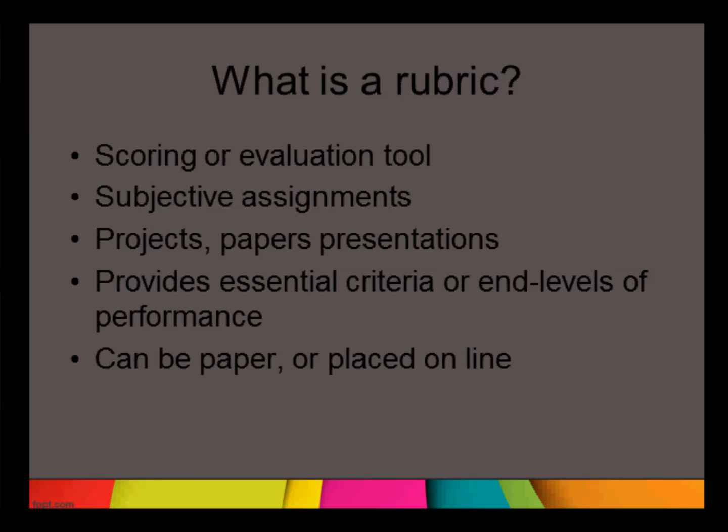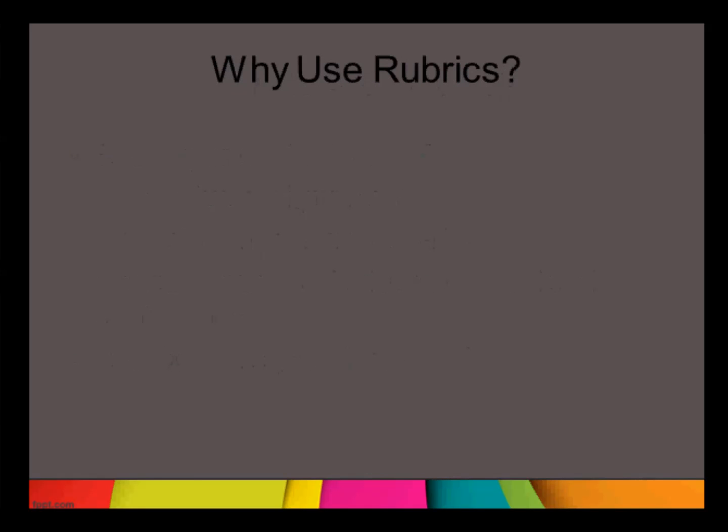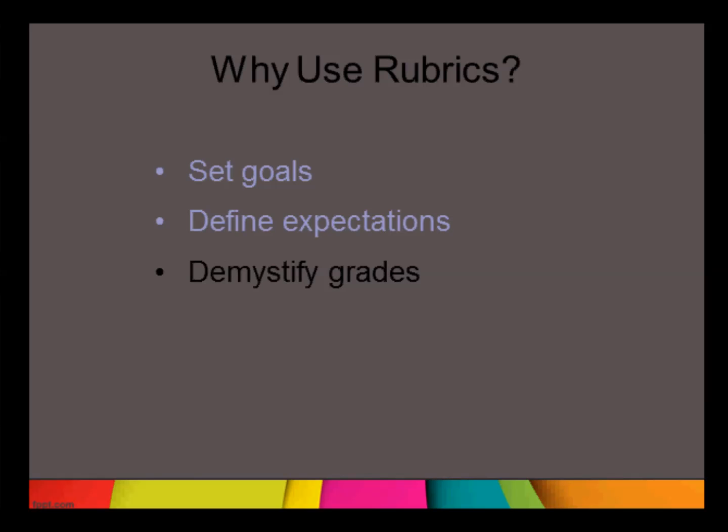And a rubric can be paper or it can be placed online. So why should we use rubrics? We can use rubrics to set goals for our students, to define our expectations. I like creating rubrics just so that I have a really clear idea of what I expect from the student. It helps to demystify the grade that you are giving a student.